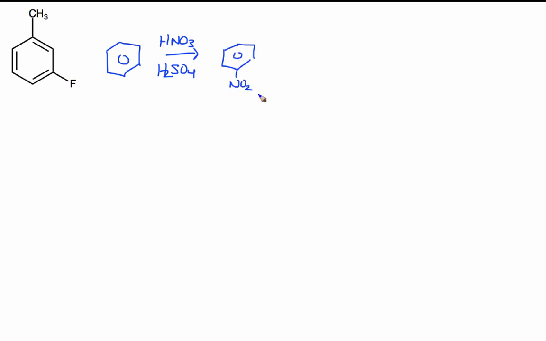That gives us a nitro group. We can now just reduce that to the amine, so use hydrogen and palladium on carbon. So here we can generate aniline.